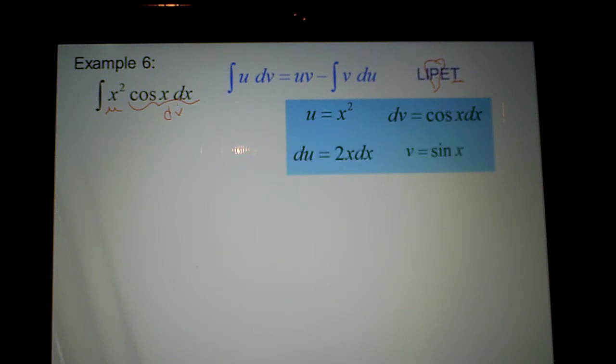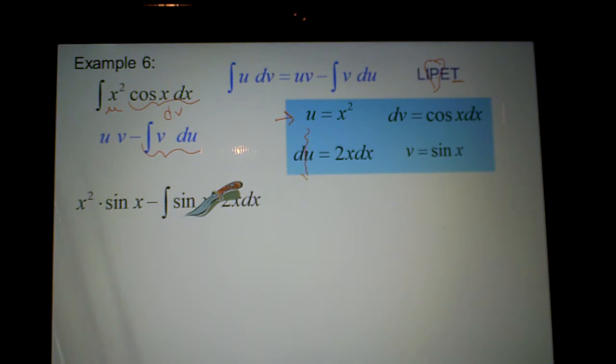Do you see where we're going to run into the same situation? u dv still ends me up with a product when I replace the integral of v du. But since again u is something that is going to differentiate down, as opposed to cosine and sine, if you were differentiating or anti-differentiating those, if cosine had been our u, we'd be going back and forth and back and forth and back and forth.